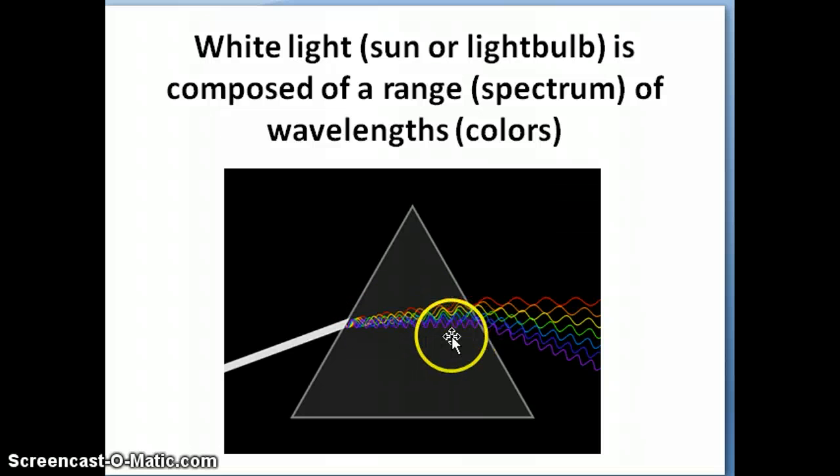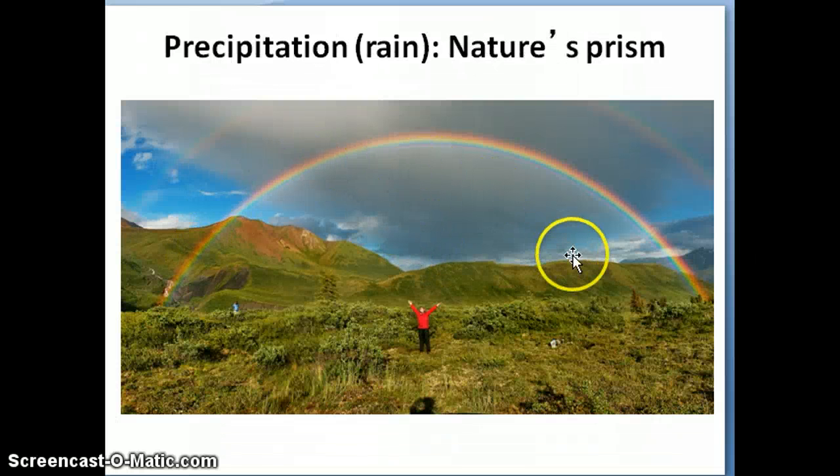As you can see from this picture, the purple light gets bent the most, and the red light gets bent the least. As a result, from the other side of the prism, you see this rainbow of color. That's exactly what happens when you see a rainbow in real life. So that's one property of light.